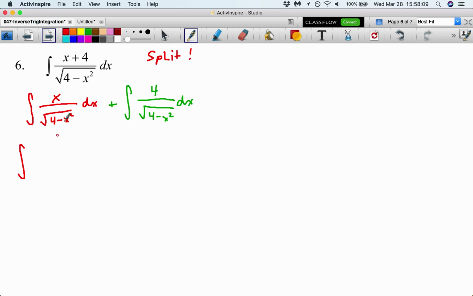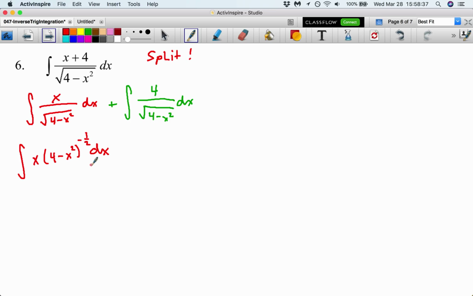All right. The red one, again, is not arcsine. If you did a squared minus u squared, u would be x, and then u prime would be 1. There's no way to get the 1 up there. This one is reverse power rule, which I already kind of previewed for you.